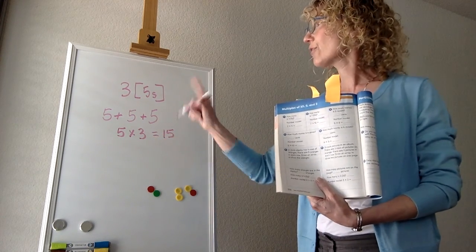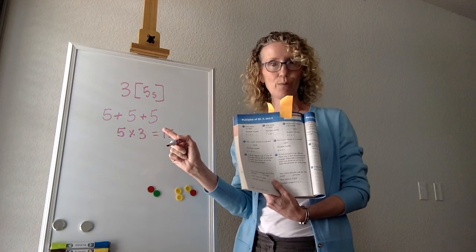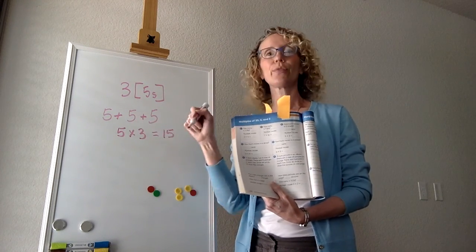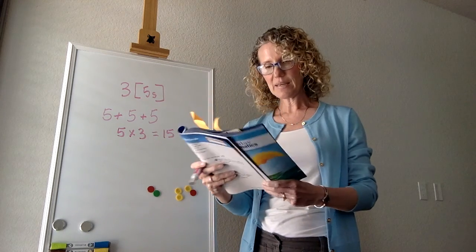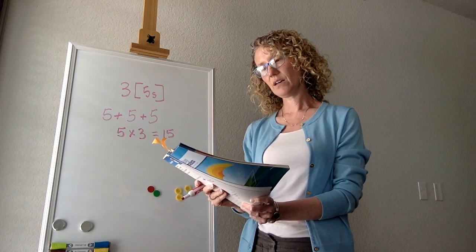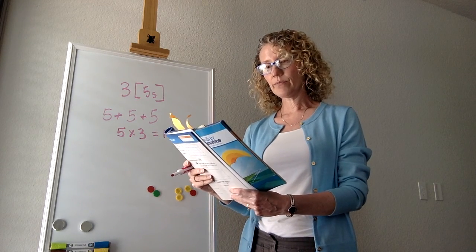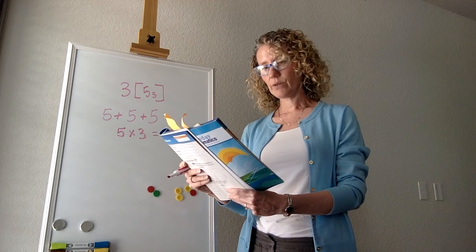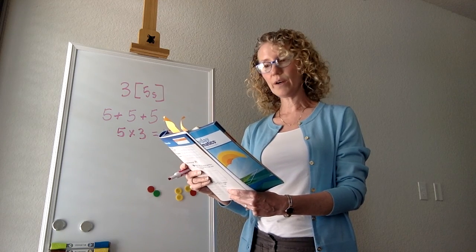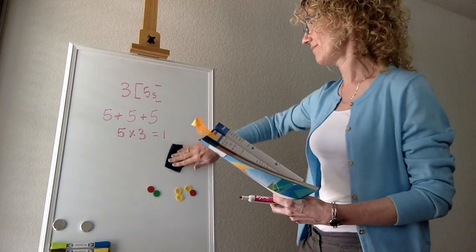And this is not 3 times 5, because do we have 3 5 times? No. We have the number 5 3 times. And let me see. So I don't think any of the rest of these are that tricky for you. Looking really quick, I guess go to number 4, and it says, how much money is 6 dimes?